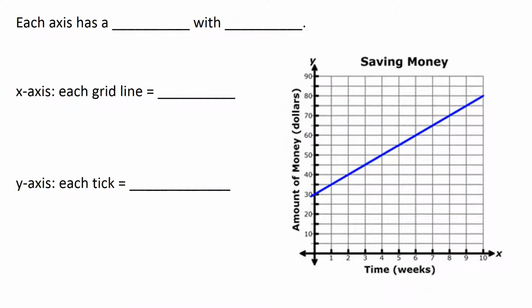When we get to the point where we're actually reading specific values off the graph, we need to be comfortable with these axes. So each axis has a scale with units. And what I mean by that is, let's start with the x-axis. You can see that the x-axis has these different ticks that are counting up certain numbers of weeks.